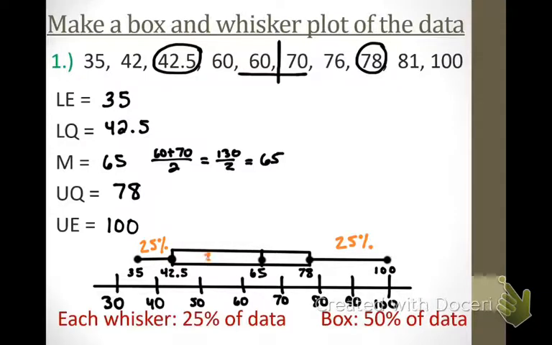Because technically, if this is 25 and this is 25, this whole total right here is what? 45. That's going to be 50%. So this box right here, from that point to this point, that is 50% of my data. So this is just a way that we can display data to understand how many different data points we have. And that's why we do a box and whisker plot.